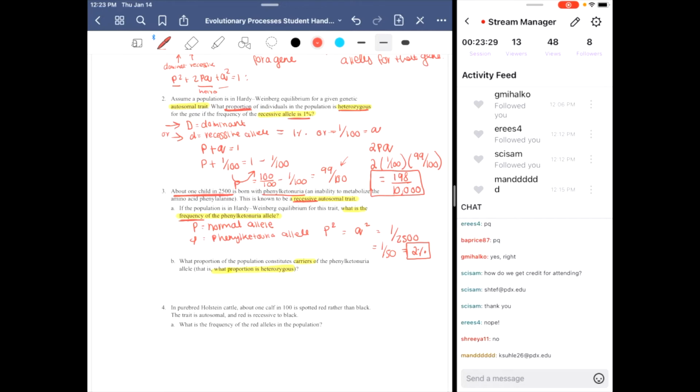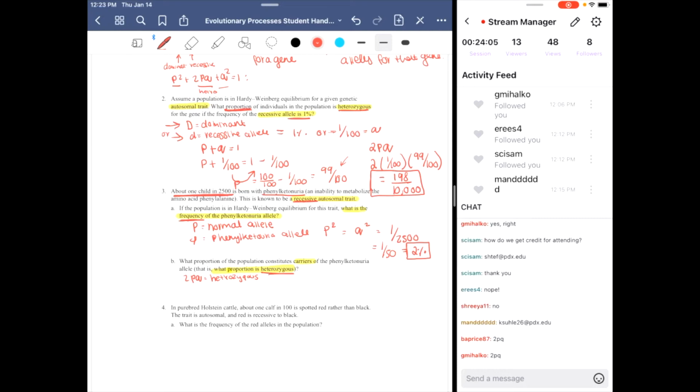Is it the p squared, the 2pq, or the q squared that we will be solving for? Yeah, that's exactly right. The 2pq part gives us the heterozygous information, and since the question's asking us for that, it'll be the 2pq.